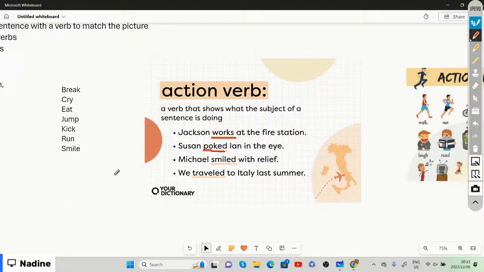Michael smiled with relief. Smiled is our action because that is something that Michael does. And we traveled to Italy last summer. What is the action that we did?